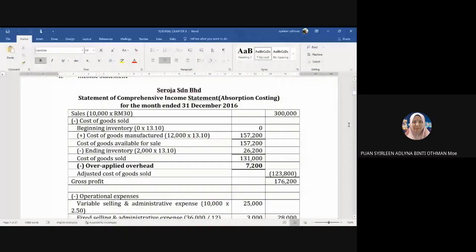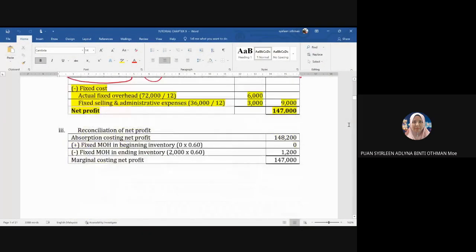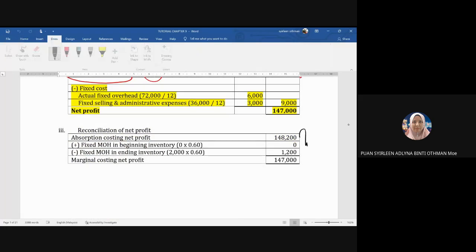Okay, alright. Okay, sorry, tadi dia lari-lari. Okay, so here is your reconciliation lah. So ini untuk soalan 1. Okay, any questions so far?